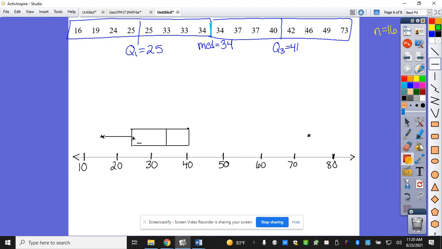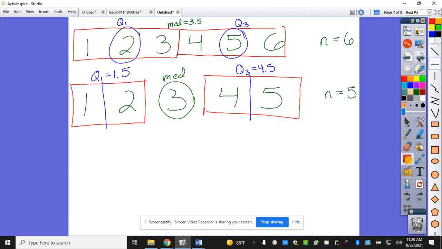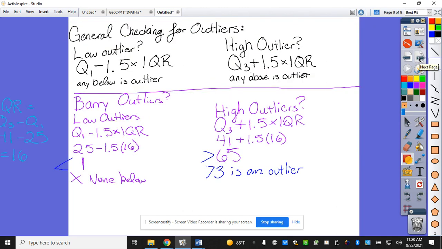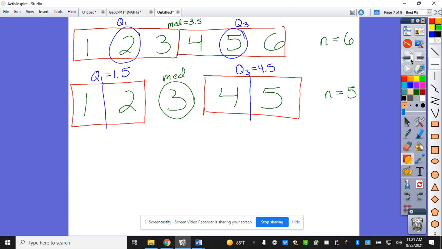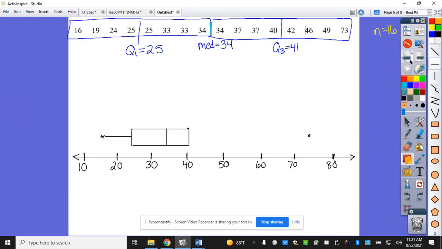And this is probably the most common mistake with making a box plot. I know that anything above 65 is an outlier. And 73 is definitely above 65. But can we not just add 16? Can we just add 16?